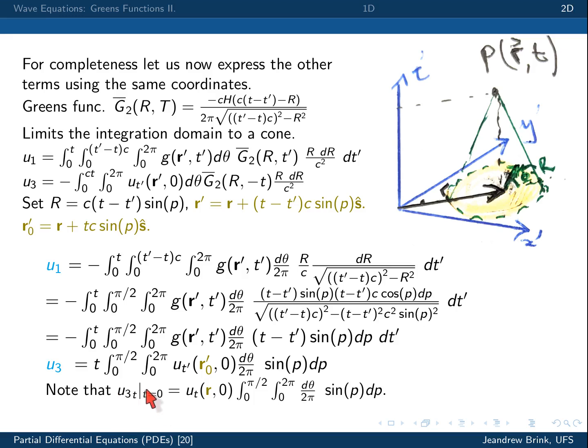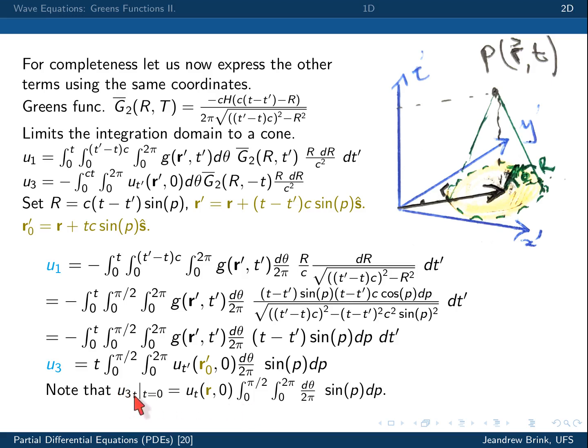At t equals 0, u of t is just evaluated at r. So it's u_t at r, and then the integral, and that's a constant. We want to evaluate du3/dt.